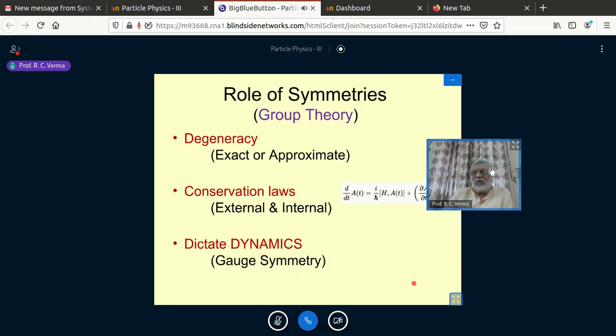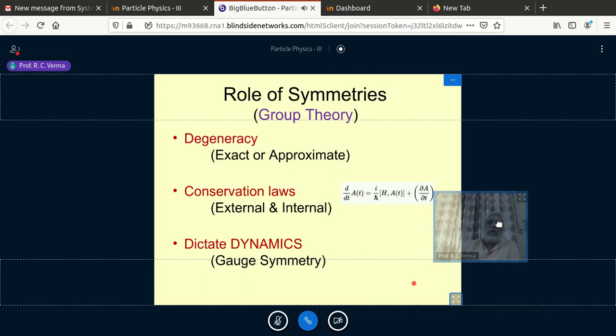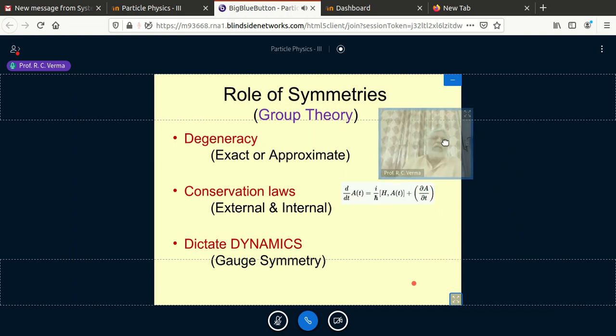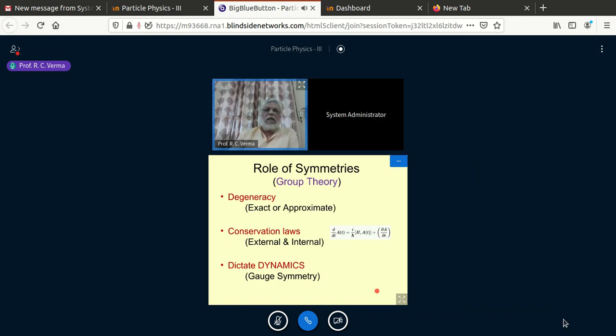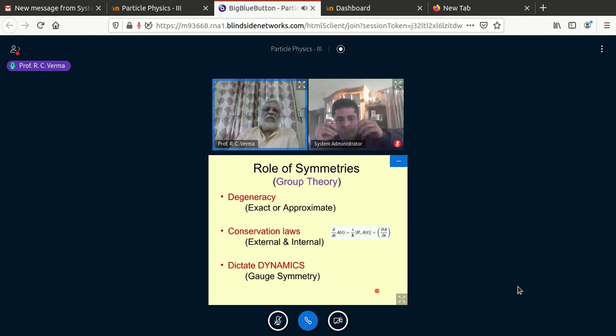We find these symmetries responsible for three things. One is degeneracy, that means nearly equal energy values in a particular multiplet like proton and neutron. These symmetries are also responsible for conservation laws, both external and internal. But ultimately, the real beauty is that dynamics is dictated by symmetry, which we see through gauge invariance as an example.